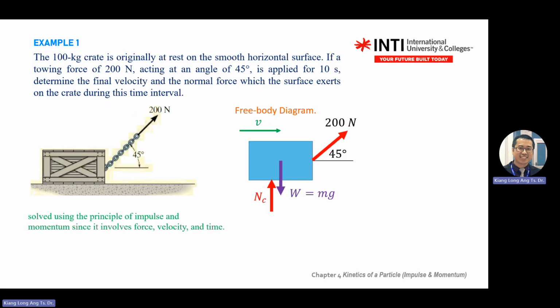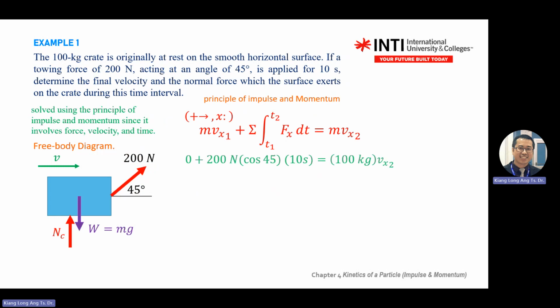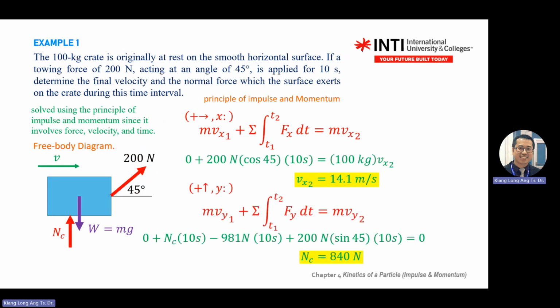It does not tell you the object flies off. So the velocity in this case always follows the surface, X only. So your Vy2 is 0. Some of you stop here because you cannot find Vy2. Vy2 does not fly off, so it is 0. Once you find NC, you have it already. So Vx2 in X direction, you pull along the surface.